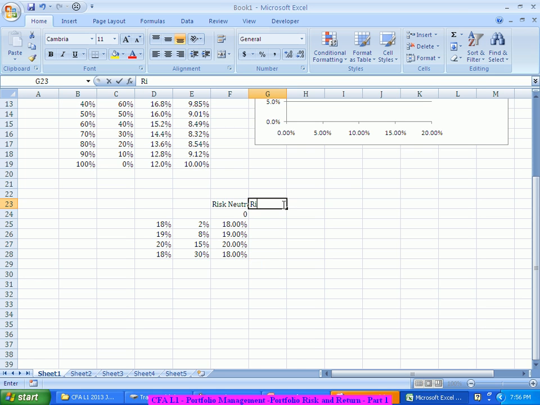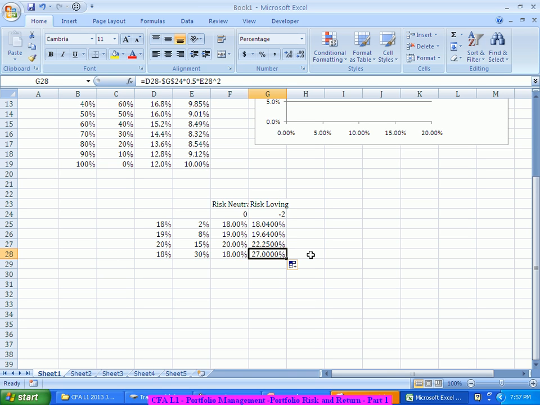Now we'll take risk loving, wherein the A value is minus 2. In this case, expected return minus A times 0.5 times sigma squared, the value here is 18.04. So a risk loving investor will prefer this one.